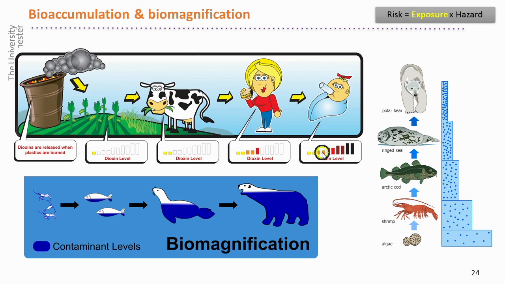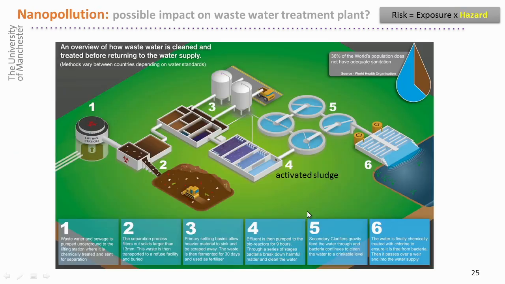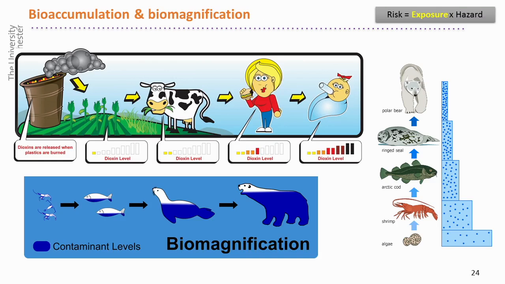And again, following the idea of biomagnification, the dioxin level will be fairly high. So if we have nanomaterials that come from our waste, we are the ones who are going to be exposed quite badly, and not only from direct exposure, but it can also be through the environment.